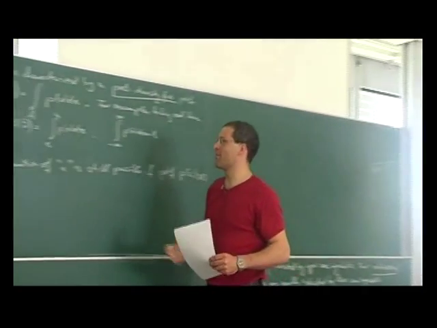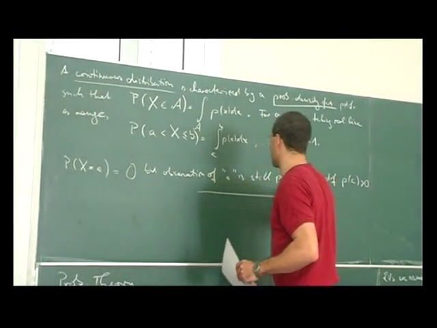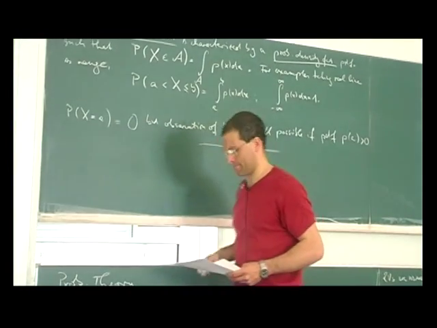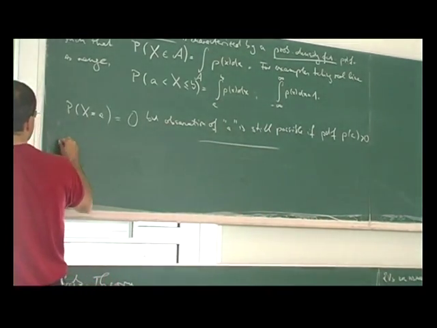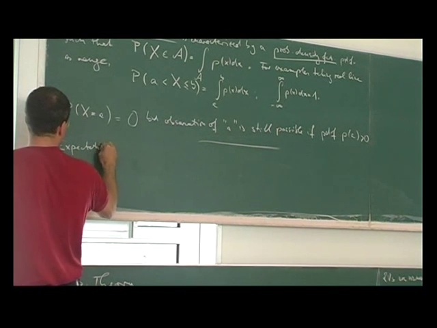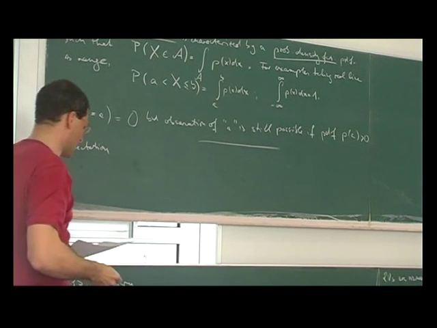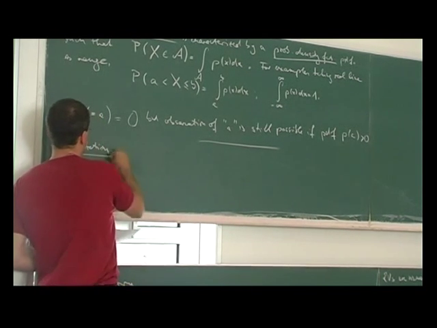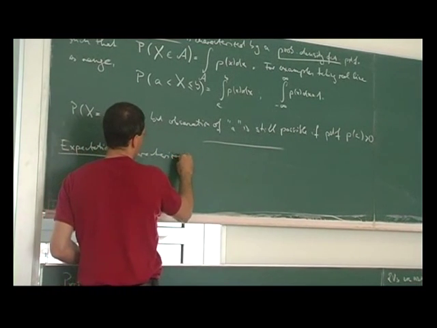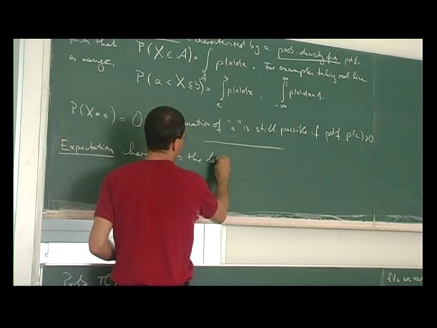One of these simple things that we need is the notion of expectation and variance. So expectation characterizes the location of a distribution.